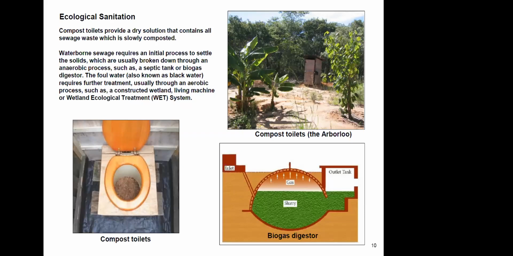There's also, if you use a compost toilet, you can compost it, but then you have to compost it up to about 55 degrees and keep it there for a while to make sure that you kill all the pathogens. But also by putting your human manure into a biogas digester, you can actually make the system more productive.